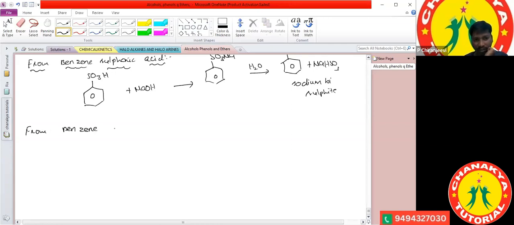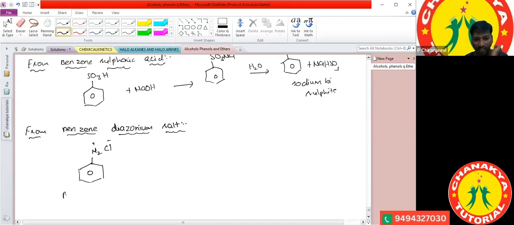On the benzene ring, N2Cl, that is N2 plus Cl minus.